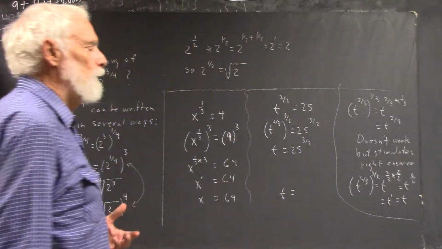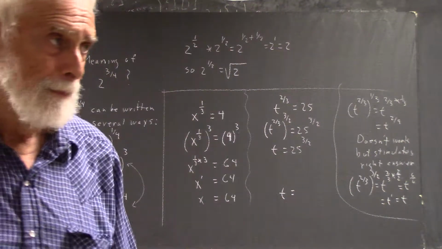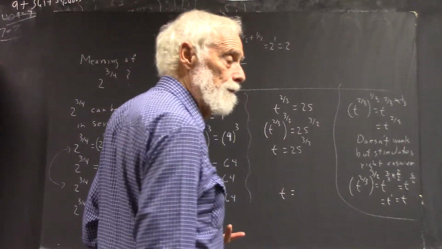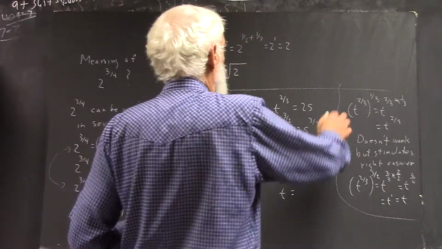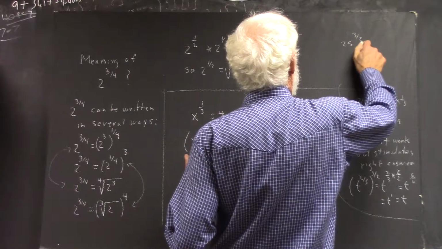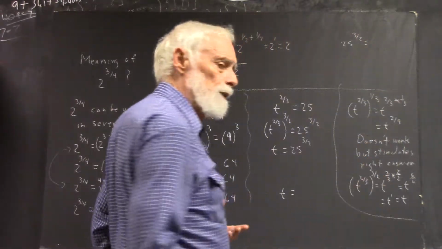Now let's think about 25 to the 3/2. What's that mean? How could you write 25 to the 3/2? You know, kind of scratch over here. 25 to the 3/2 could be written as, give me an example.